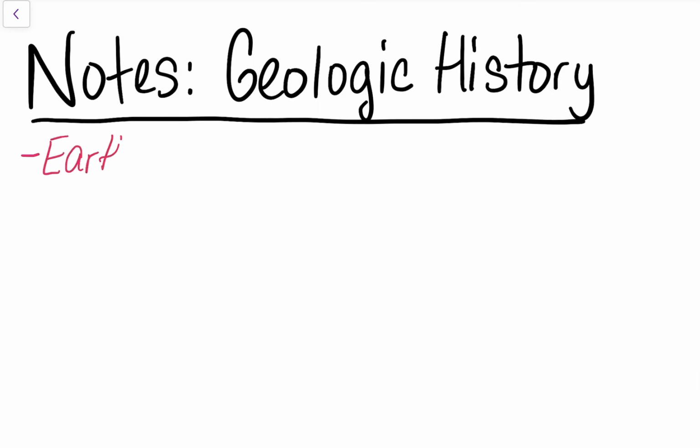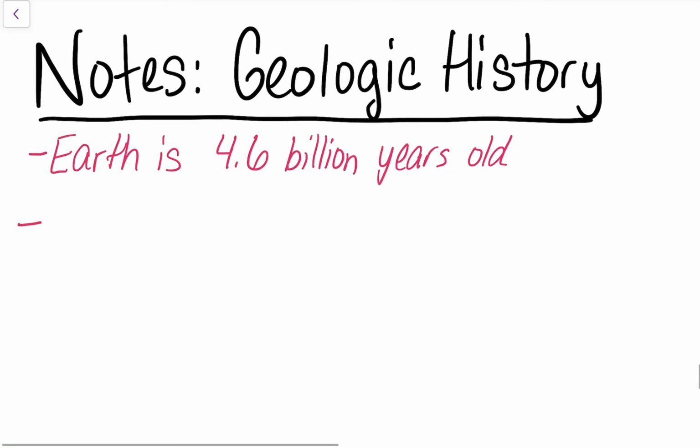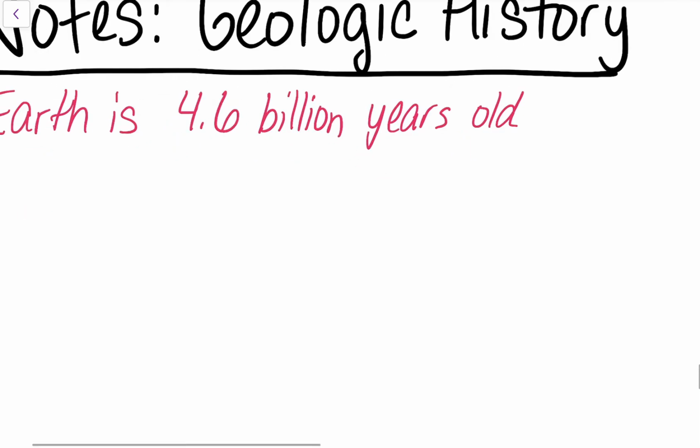The Earth is 4.6 billion years old. A lot of things happen in Earth's history, but in this video we talked a little bit about the dinosaurs.